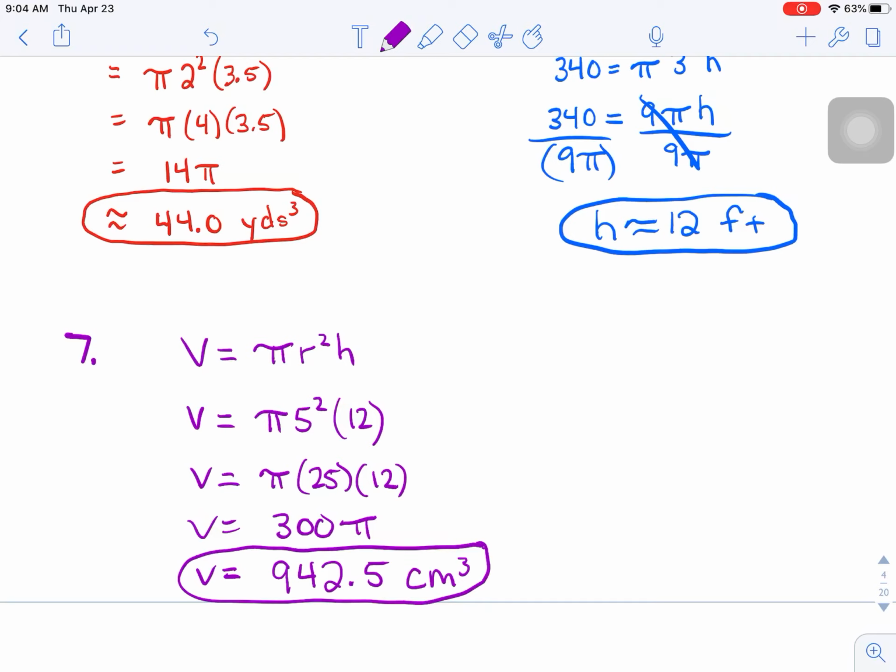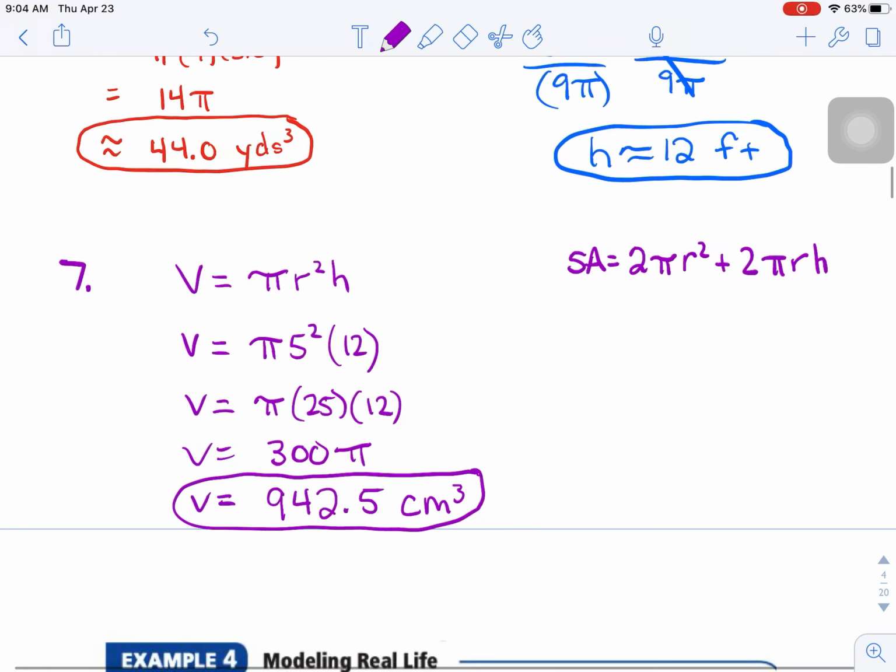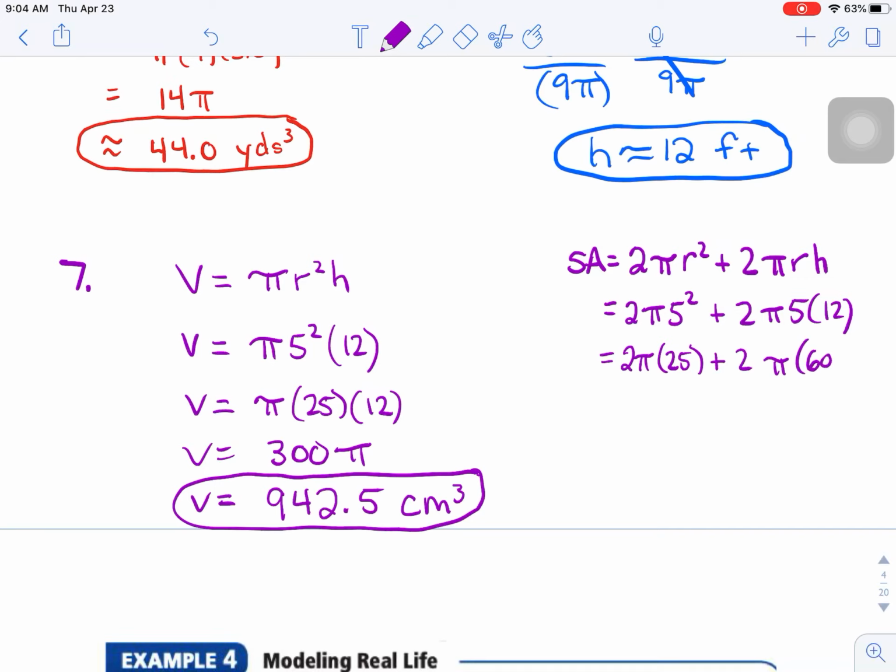All right, then they said, well, what about the surface area? So if we were looking at the surface area of a cylinder, remember that formula is 2 pi r squared plus 2 pi r h. Okay, so if we plugged in our pieces, this would give me 50 pi.